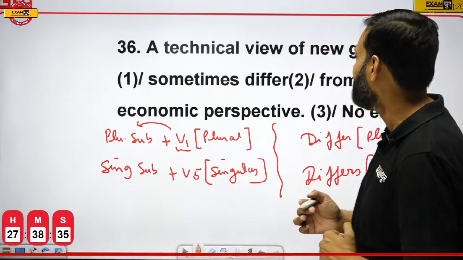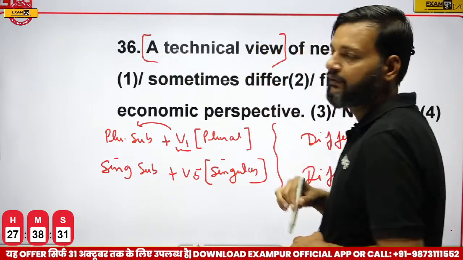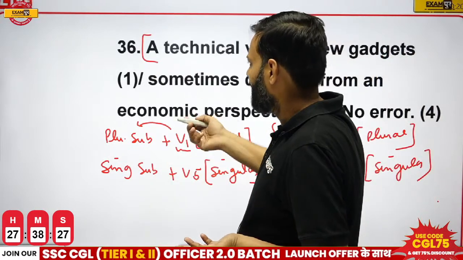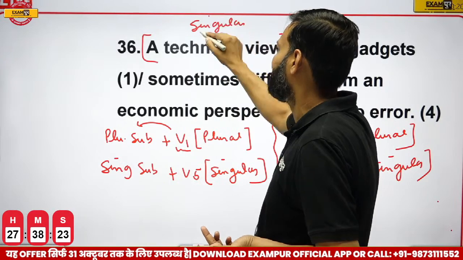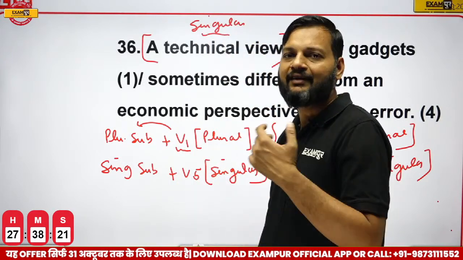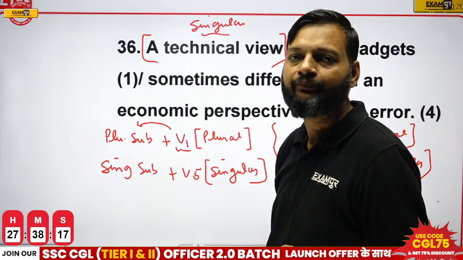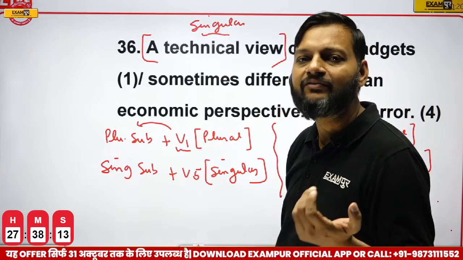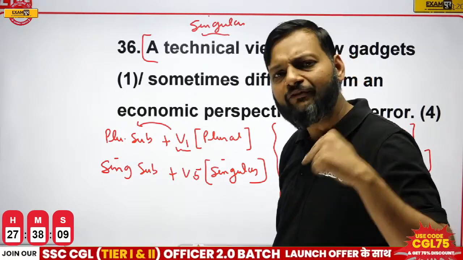Now, in this sentence, the subject is a technical view. This is very obviously singular. So if the subject is singular, it has to be followed by a singular verb, and the first form is not singular, the fifth form is singular.